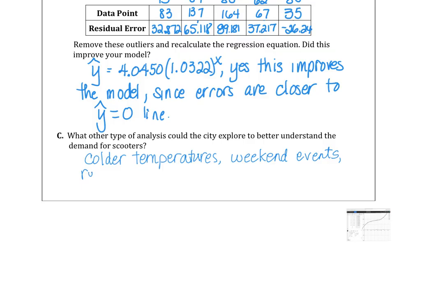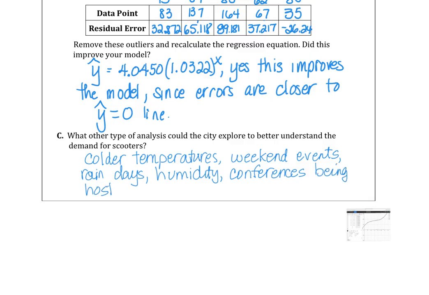Could the weather, maybe rainy days, cause demand to go down? If it's summertime, the humidity or the cold, and also possibly if there's some big conference in the area being hosted, that could affect how many scooters would be needed. So those are some of the other analytic options that could be considered.